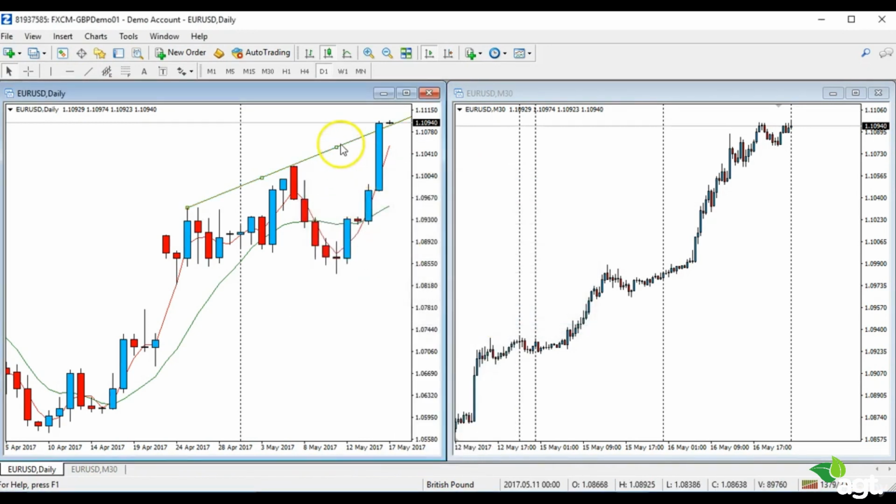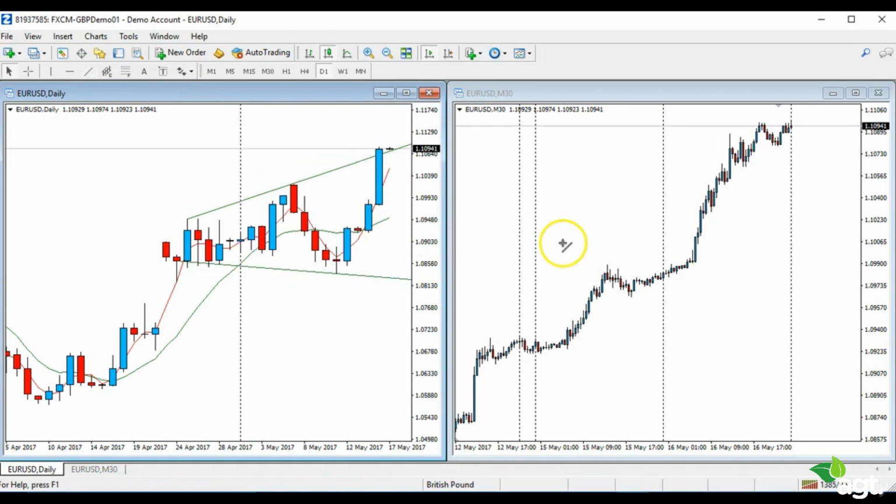okay, we're now on the euro US dollar. We now have a widening pattern. And the reason why patterns work, to be honest, I don't know why they work, and I don't think anybody could tell you really why they work. The only thing I would tell you is that there's an expectation.